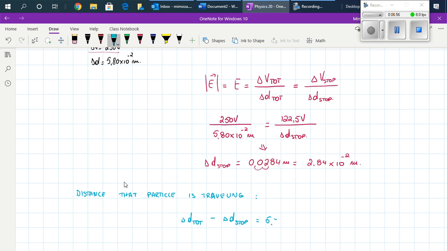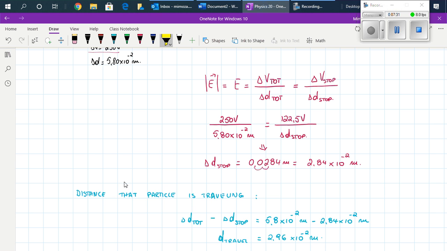So this will be 5.8 times 10 to the power of negative 2 meters minus 2.84 times 10 to the power of negative 2 meters, and the distance that it is traveling between the parallel plates is 2.96 times 10 to the power of negative 2 meters.